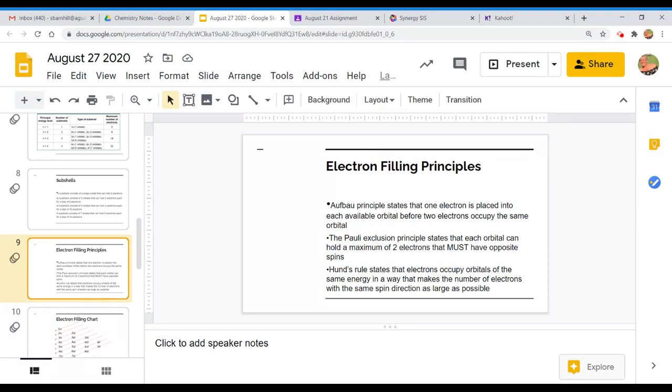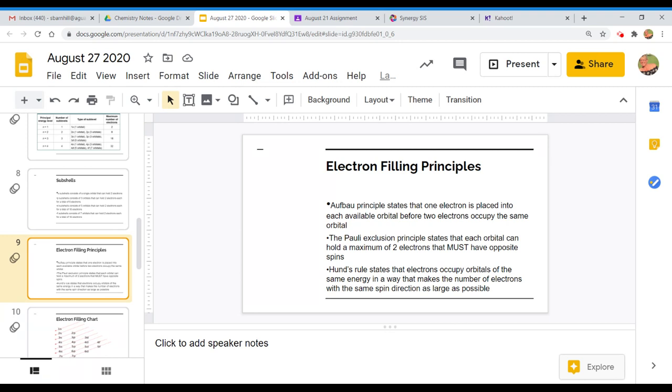And we're going to do some practice. This is why it was important for us to be able to do what you just tested about last week to figure out the number of electrons in an atom, because that's the first step.